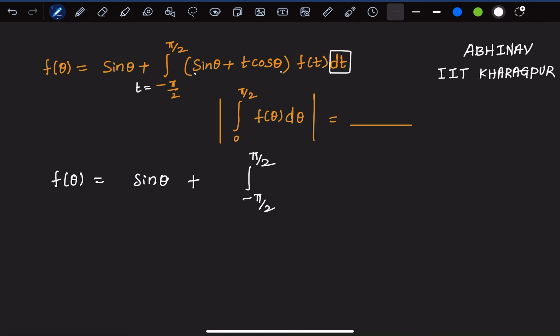So the sine theta and cos theta are independent of this integral. They are as good as constants. So we can bring sine theta out of the integral and this can be written as f of t dt, plus similarly we can bring out cos theta, minus pi by 2 to pi by 2, t times f of t dt.